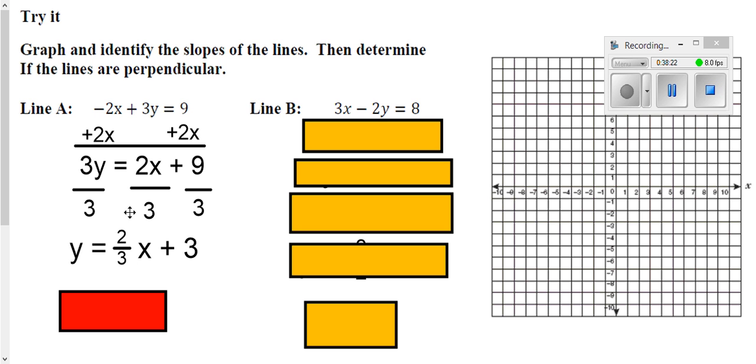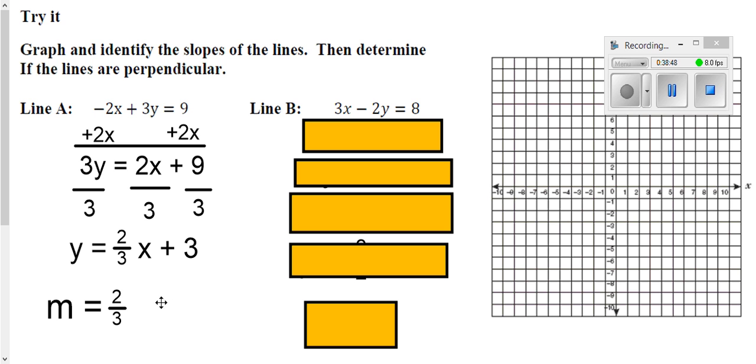Over here we get y equals 2 divided by 3, and then math fraction, we'll still get that same fraction, 2/3 x, and then 9 divided by 3 is 3. So now we have it in slope-intercept form. We can see our slope here in front of x, the coefficient of x, 2/3. So the slope of the first line is 2/3. What are we looking for for perpendicular?